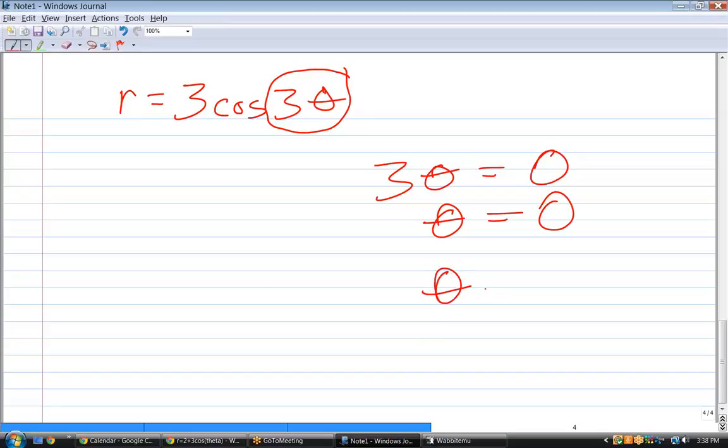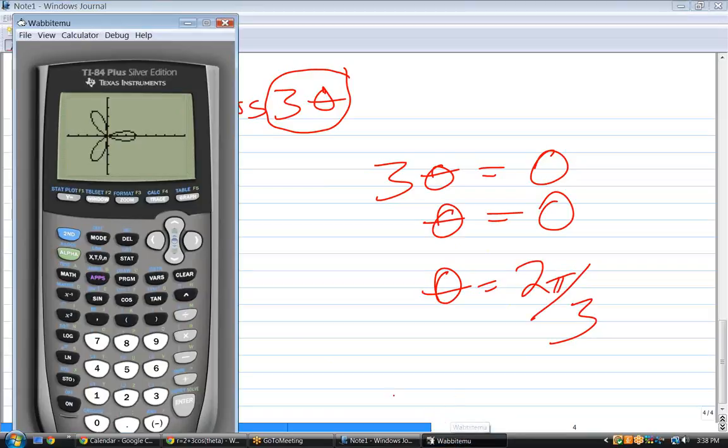In other words, when theta equals 2 pi over 3, then 3 theta equals 2 pi, and the cosine of 2 pi is also 1. So on our graph, this angle right there is 2 pi over 3.